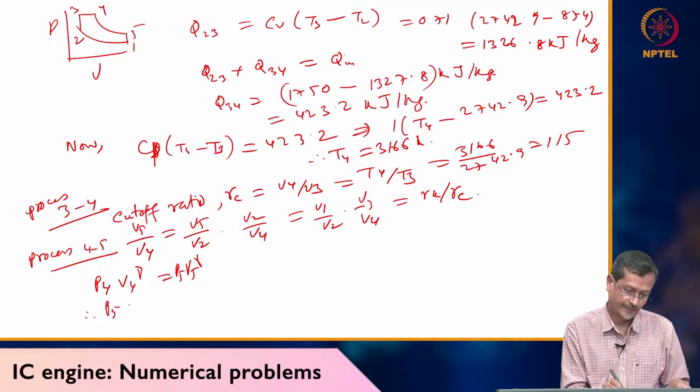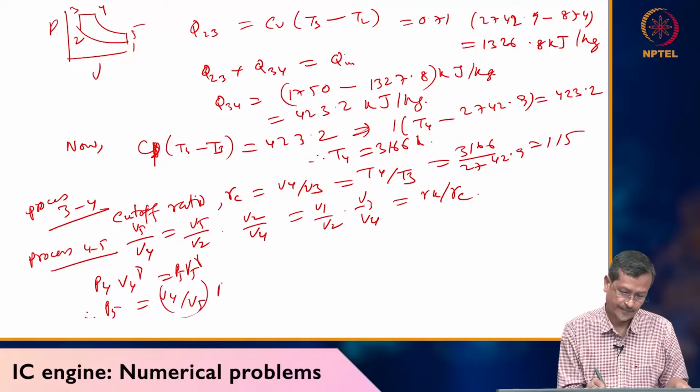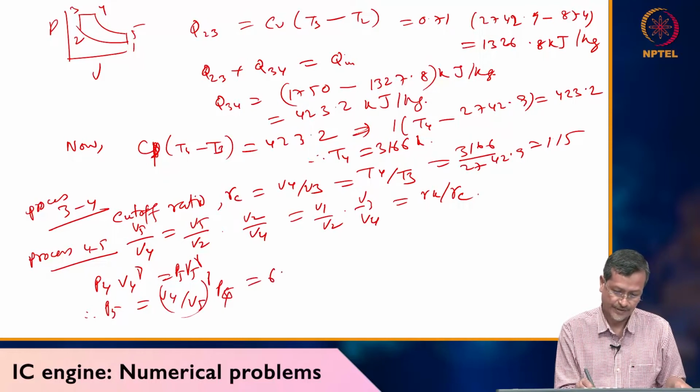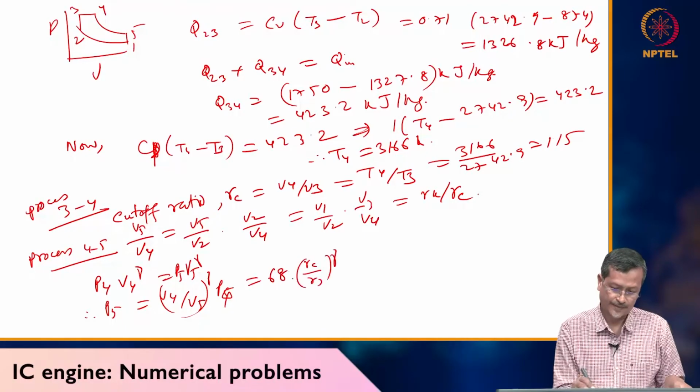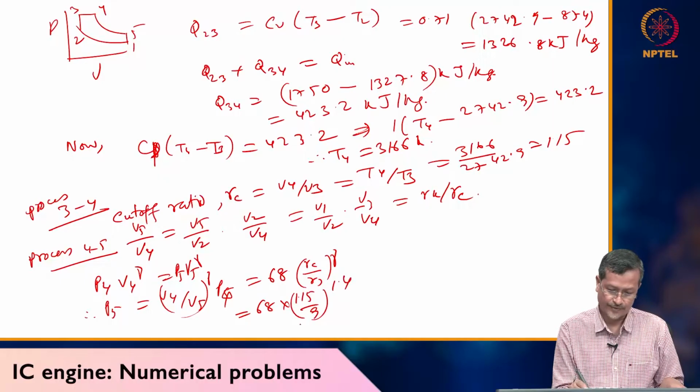Therefore P5 equals P4 (V4 by V5) to the power gamma. P4 equals 68, so P5 equals 68 into (RC by R) to the power gamma, equals 68 into (1.15 divided by 9) to the power 1.4, equals 3.81 bar.